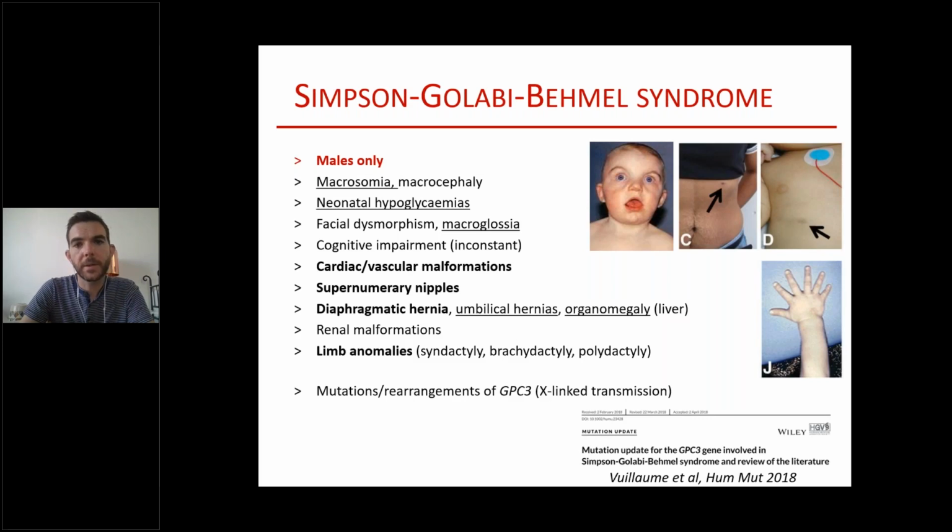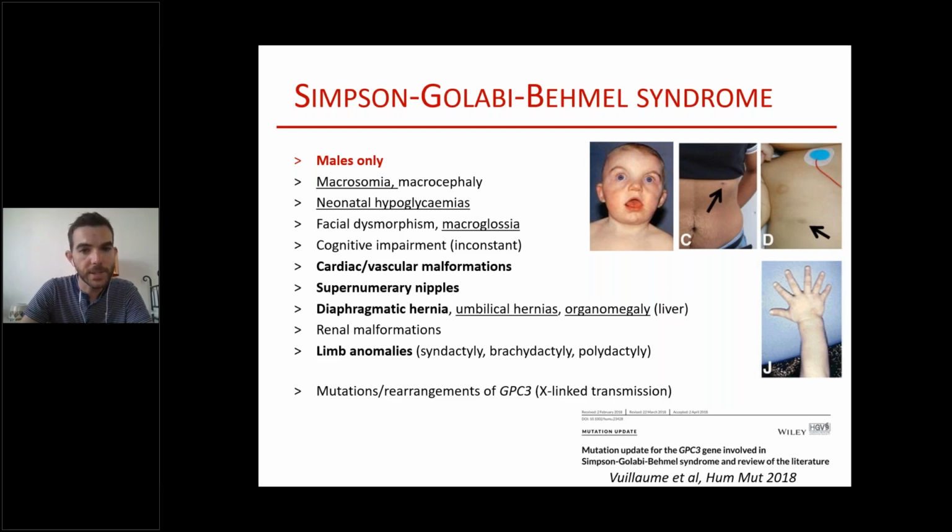Simpson-Golabi-Behmel is probably the syndrome with the closest presentation compared to BWS. I won't go through all the clinical symptoms, but you can see that the symptoms underlined on this slide are the symptoms in common between SGB and Beckwith-Wiedemann syndromes.